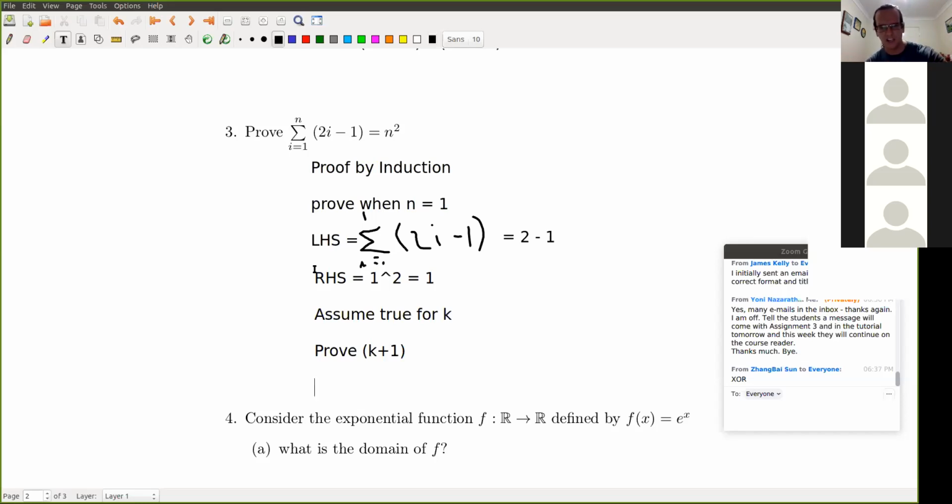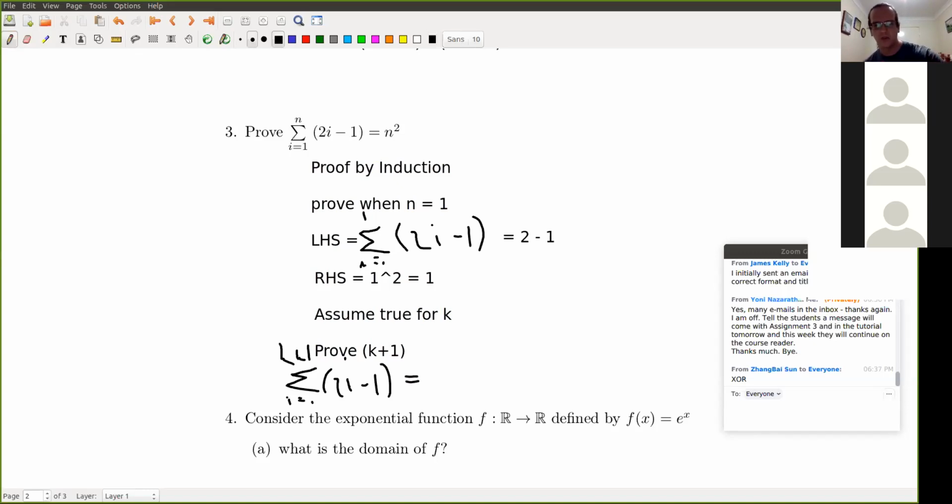So what we're going to get, I'll try my best, guys. We can go the sum from i equals 1 to k plus 1 of 2i minus 1. It's terrible.